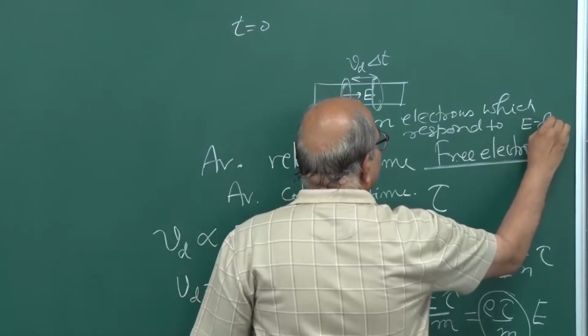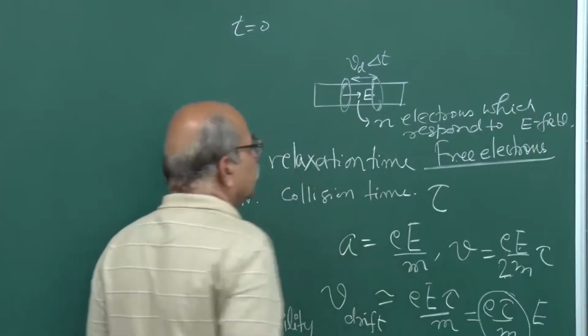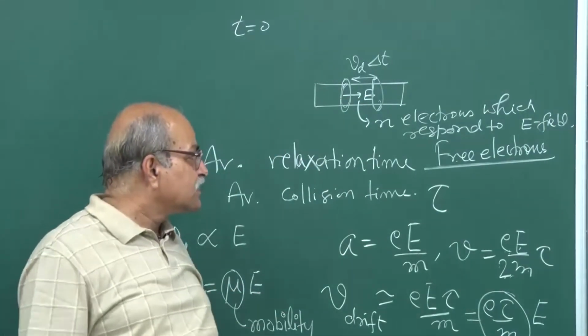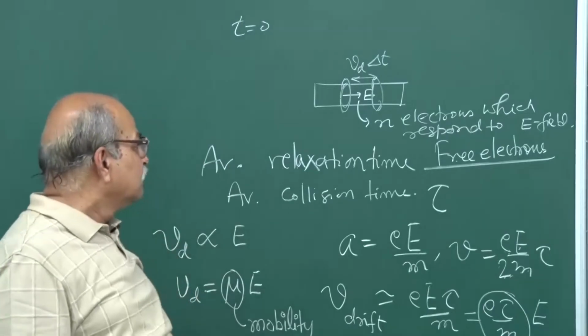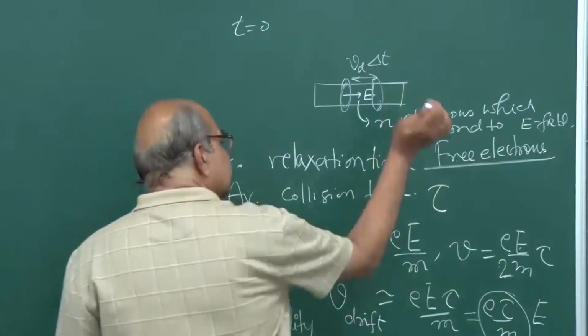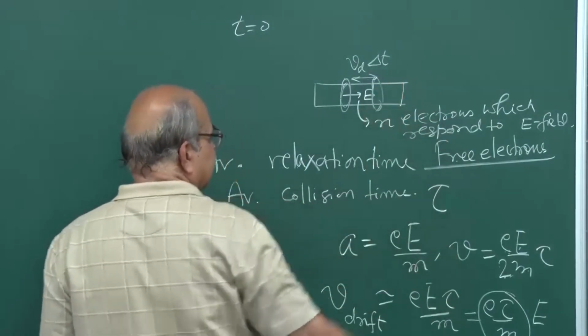As I told, not all electrons are going to respond. You have the Pauli exclusion principle and everything, but these are the electrons which respond to the electric field, which you should call free electrons.